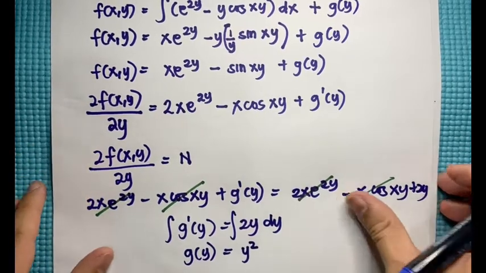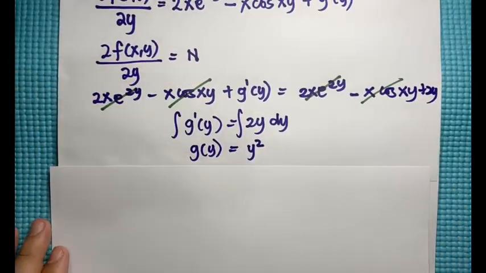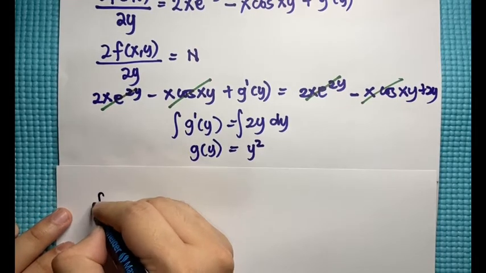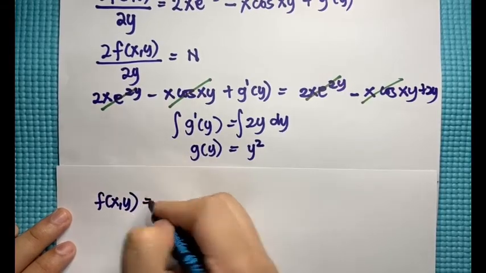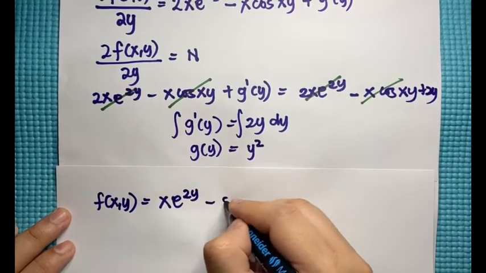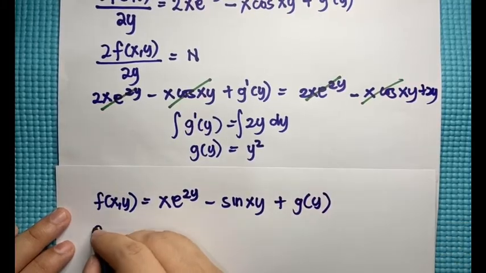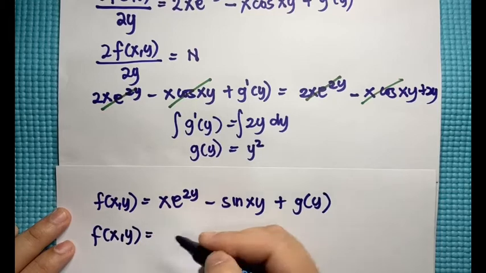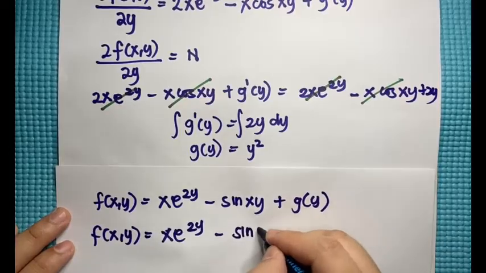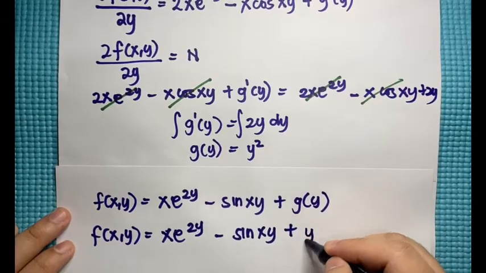And finally, rewriting our f of xy, which is equal to x e raised to 2y minus sine xy plus g of y, with g of y equivalent to y squared.